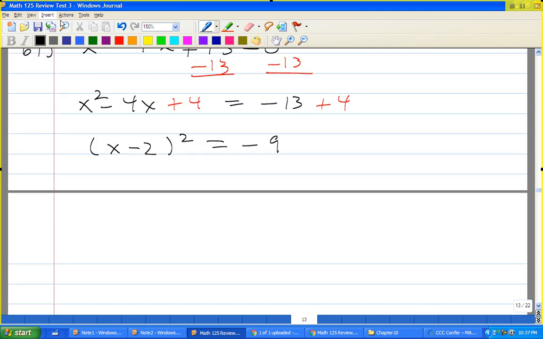So let's use the square root property. And so I have that x minus 2 is equal to plus or minus the square root of negative 9. And well, the square root of negative 9 is just 3i.